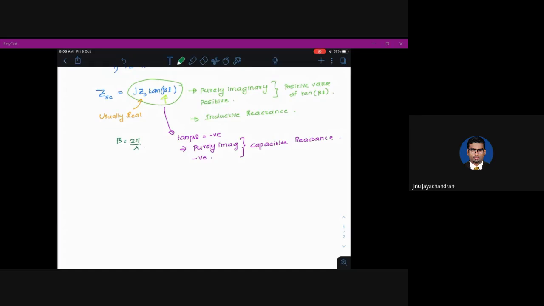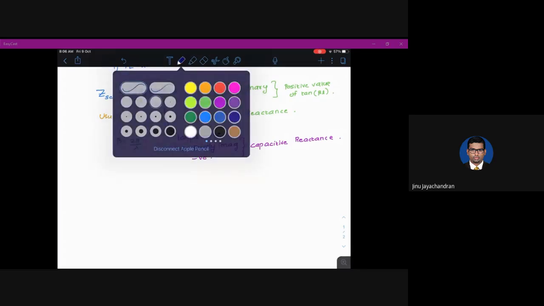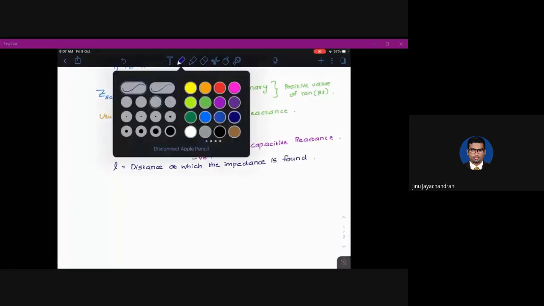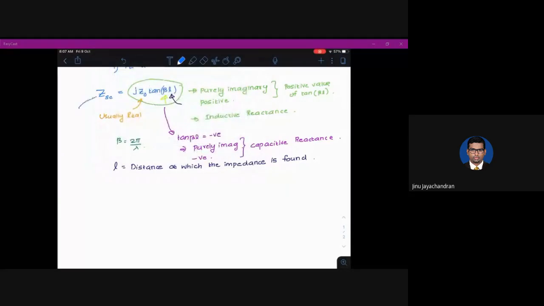This l is the distance at which the impedance is found. Remember, the load is a short circuit. So this is a short circuit load.